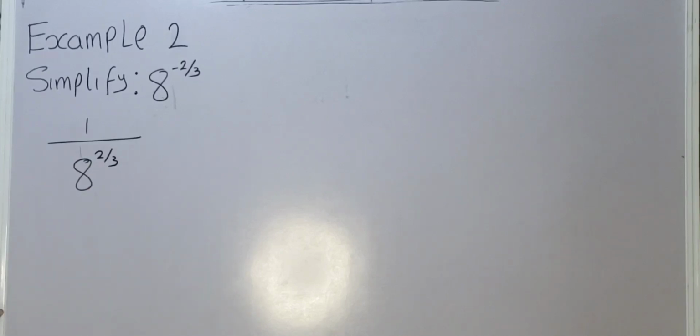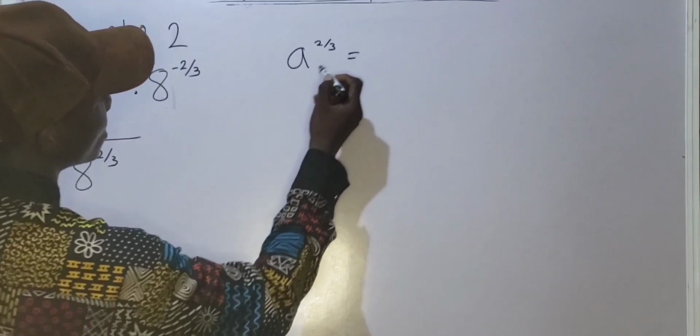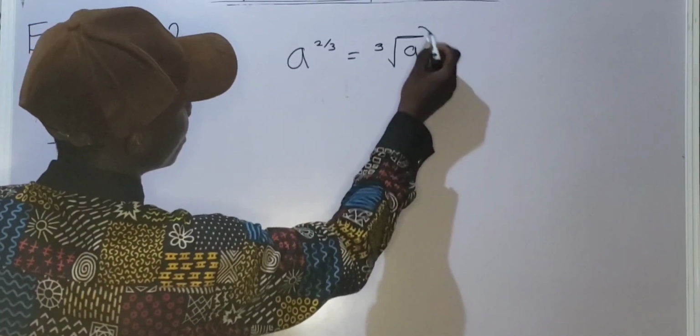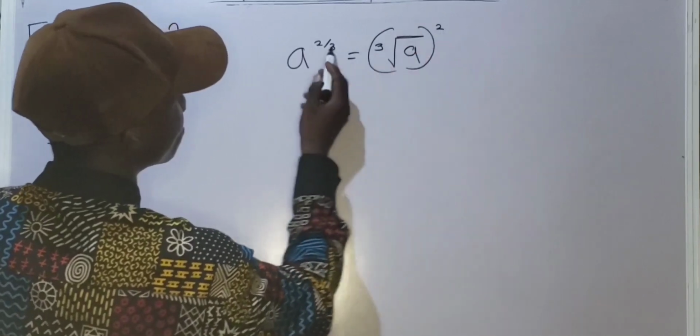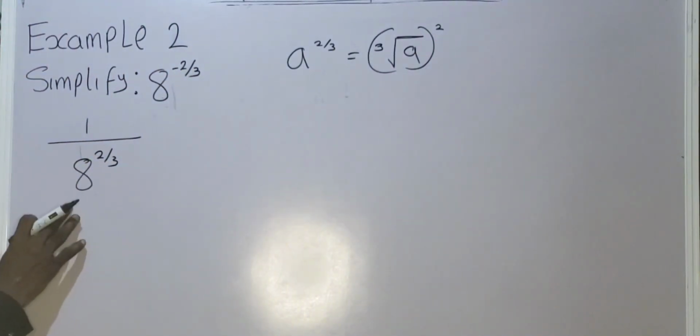Do you understand? Now, we're going to make use of the seventh law, which states that if we have a raised to the power of 2 over 3, this can be written as the cube root of a raised to the power of the numerator of our exponent. So we're going to make use of the same law here.